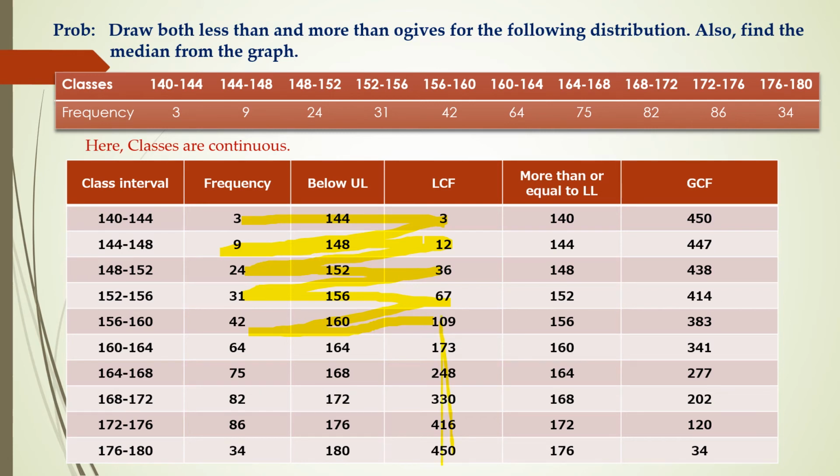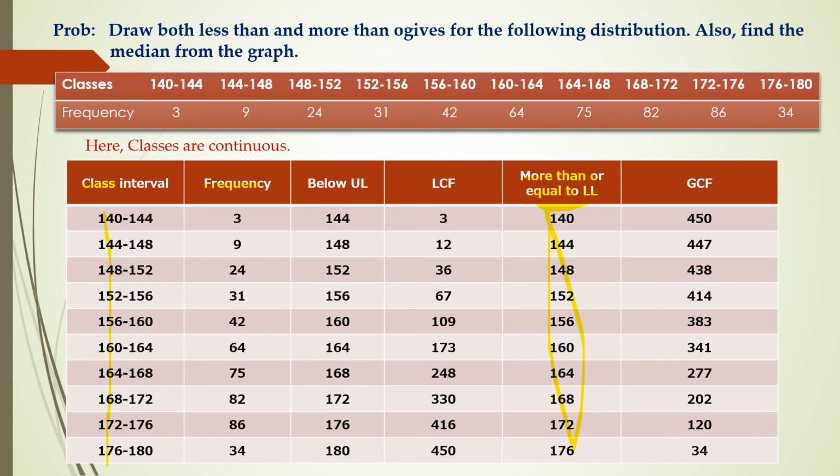Now we will construct the greater than type cumulative frequency distribution. As the columns of class intervals and frequency are common in LCFD and GCFD, we are not taking those 2 columns again. Now go for more than or equal to lower limits. That means you have to take the lower limits. The lower limits are 140, 144, 148 and so on, up to 176. Now copy the lower limits in this column.